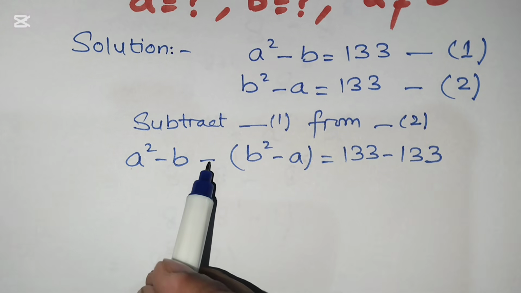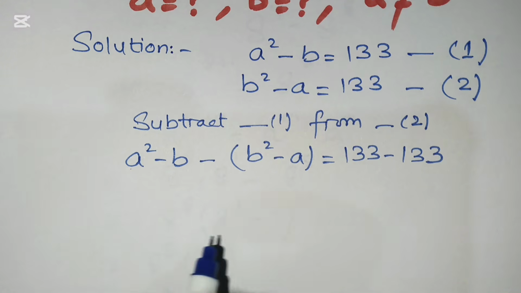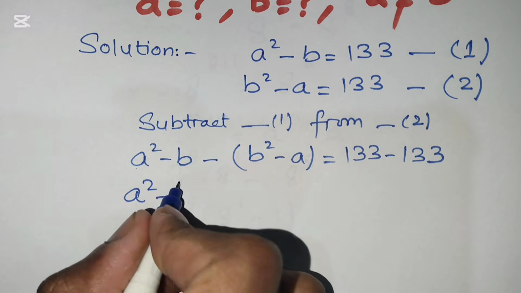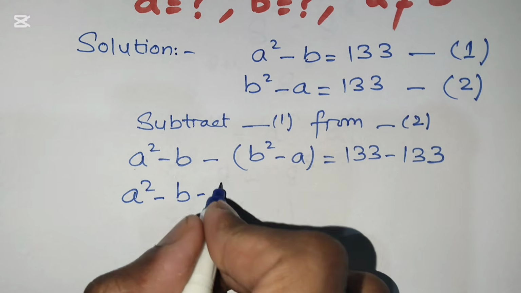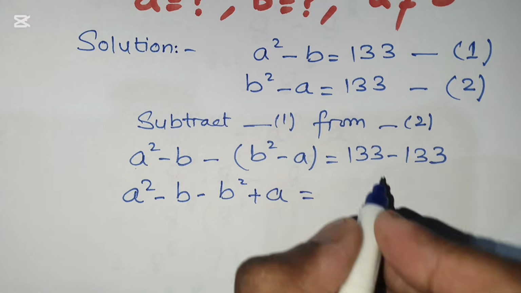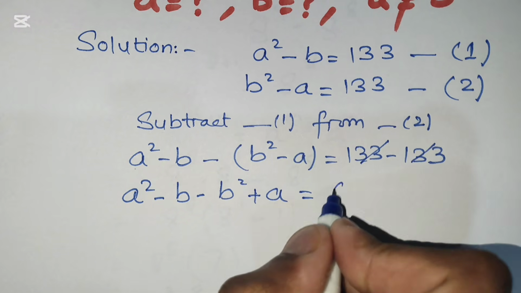So we'll multiply this negative sign inside the bracket: b² − a − a² + b = 0.